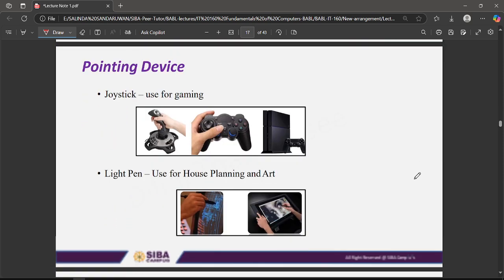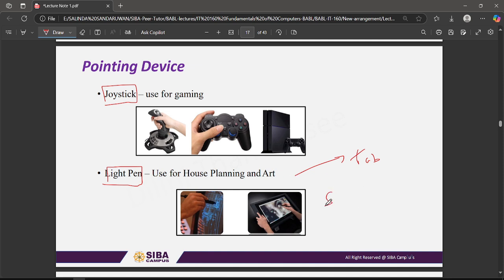And here the pointing devices: joysticks for gaming, and the mouse is also a pointing device, and the light pen for writing on the digital, graphical tab. When you are using AutoCAD, you can use the light pen, and when you use the smart board, you can use the light pen, right?